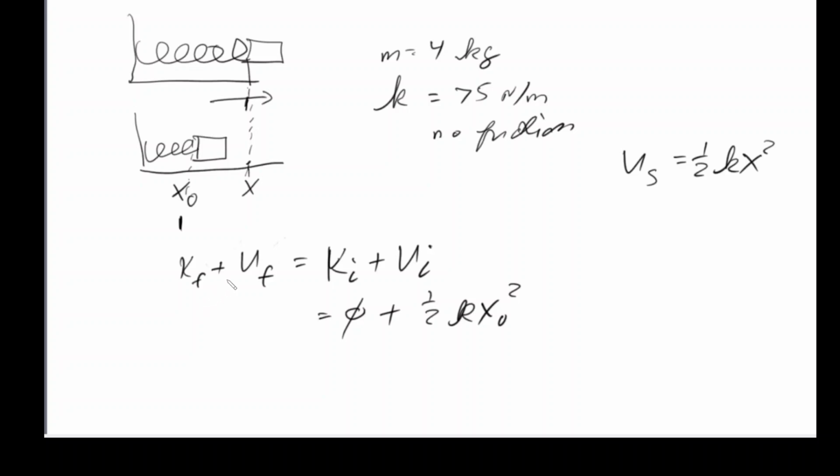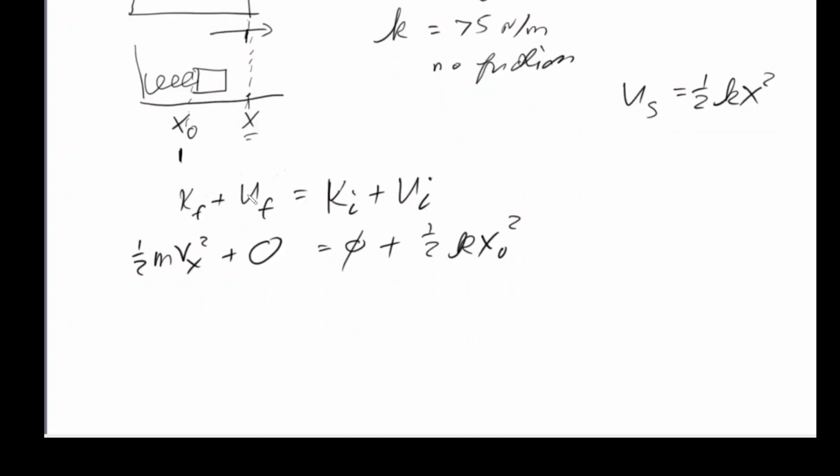Looking at the final energies as it passes through x, we know that its kinetic energy is 1/2 m times the velocity at x squared, but its potential energy is 0 because it's at its relaxed point, and at its relaxed position a spring has no potential energy.